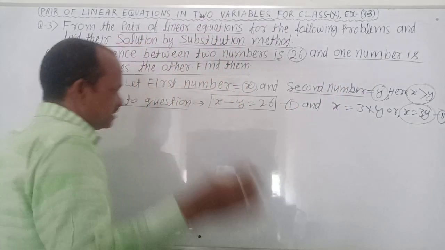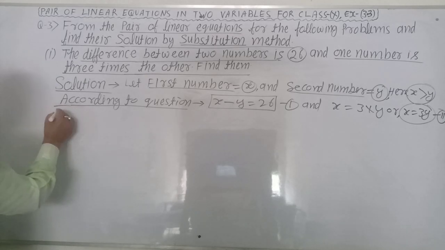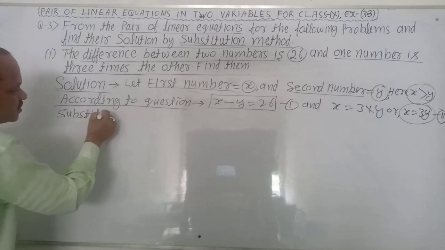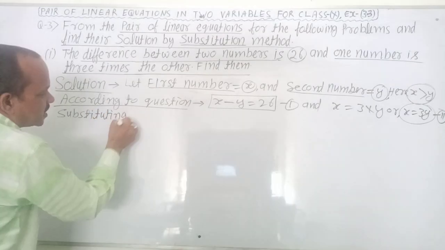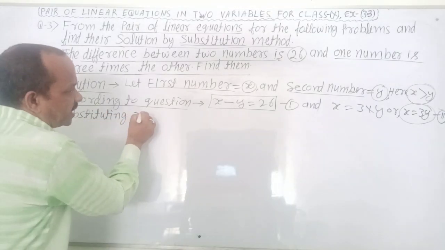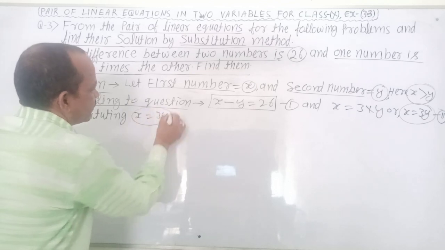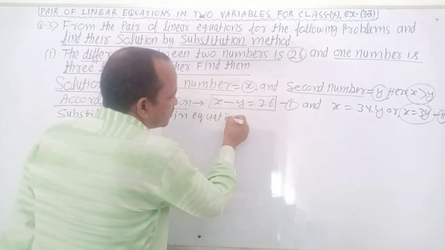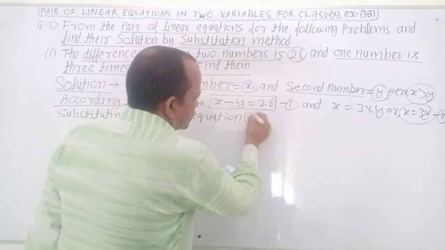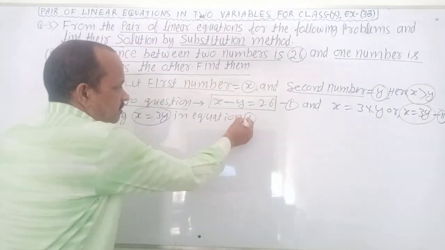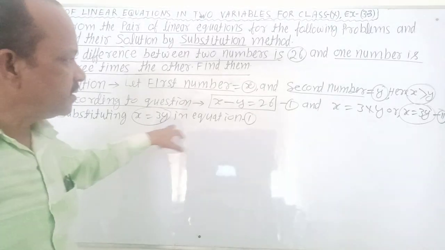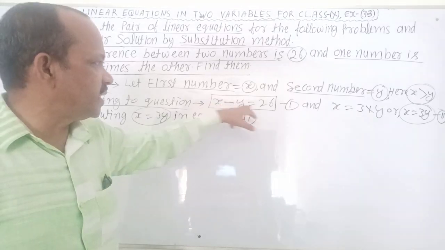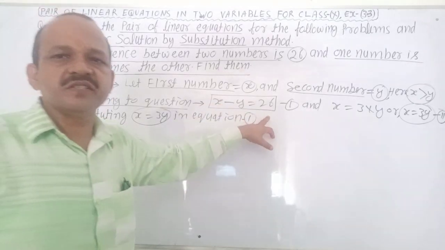Substituting x equal to 3y in equation first. Equation first is x minus y equal to 26.